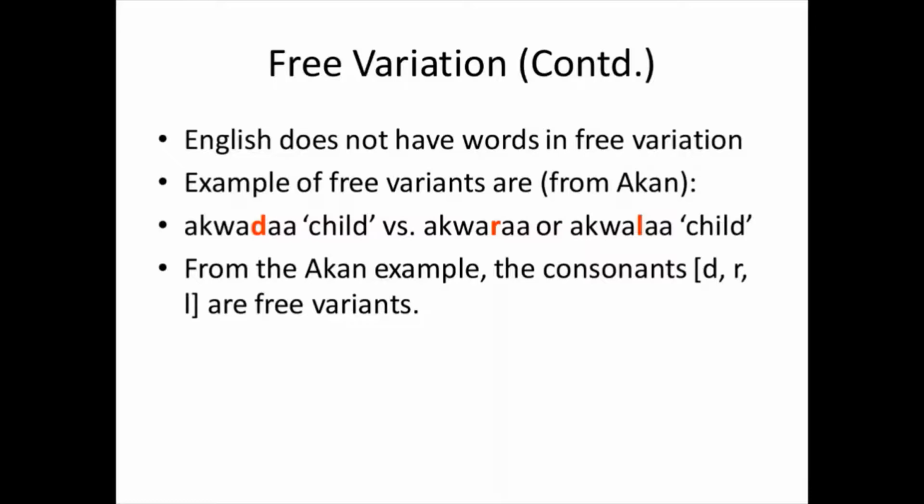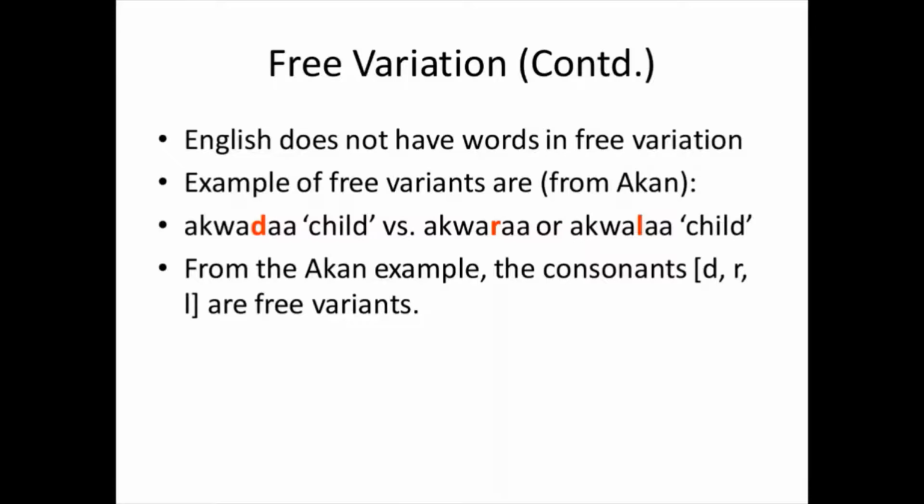So in Akan, the word for child can be akwada. Let's note the last consonant, d, or akwara, or akwala. So there are three consonants there, and they are in free variation in this example.